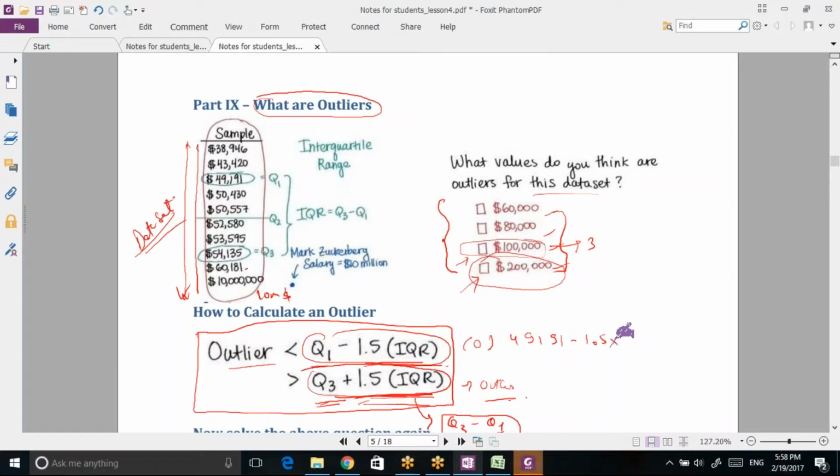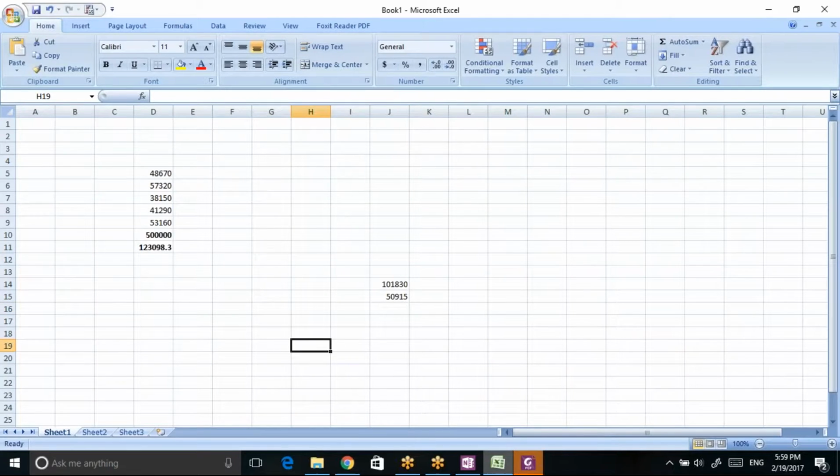What is IQR? 4944. So it should be 41775. 41775 is the lowest value.